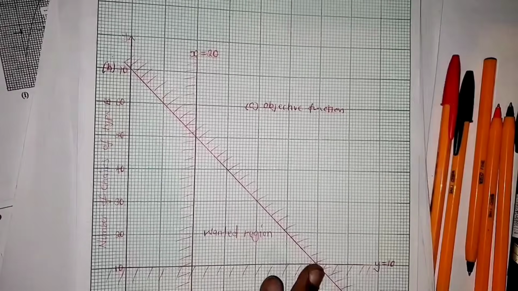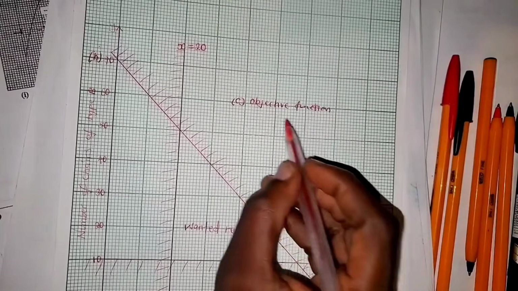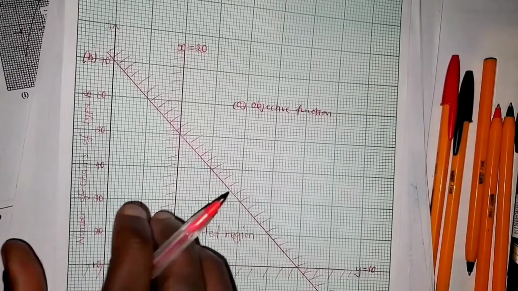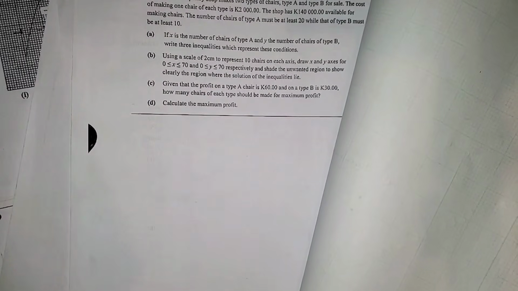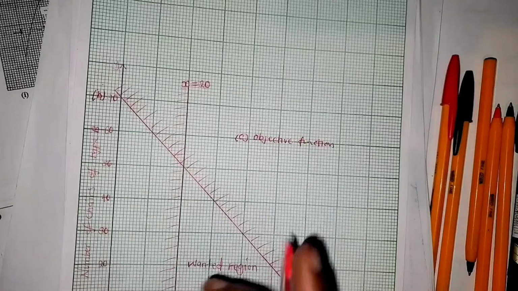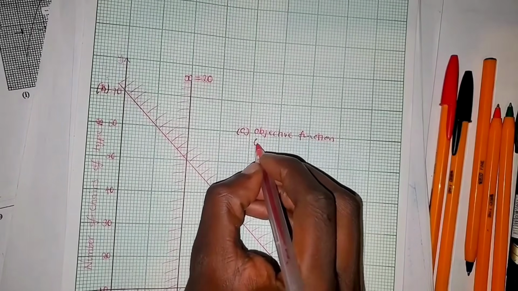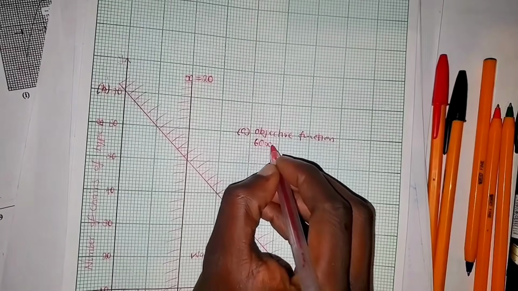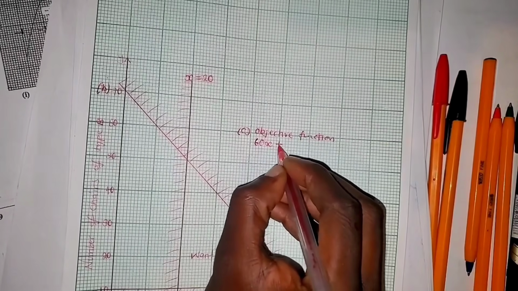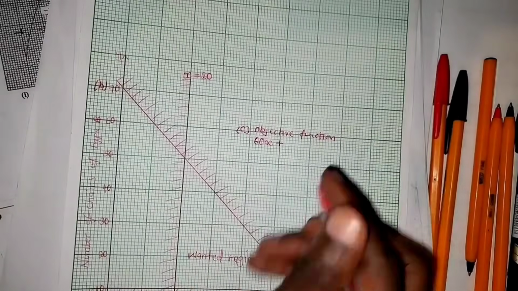All right. Now, this is the objective function. Now, the profit on the sale of a type A chair is 60. So since type A is being represented by X, we're going to say 60X plus that of type B is 30.